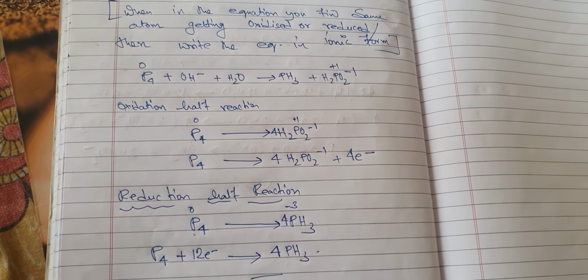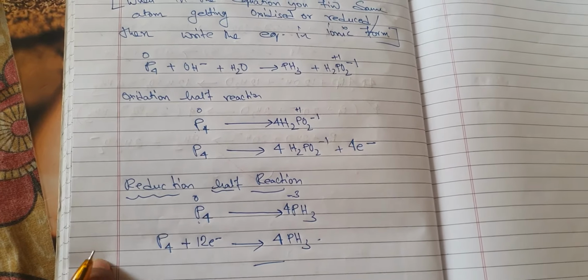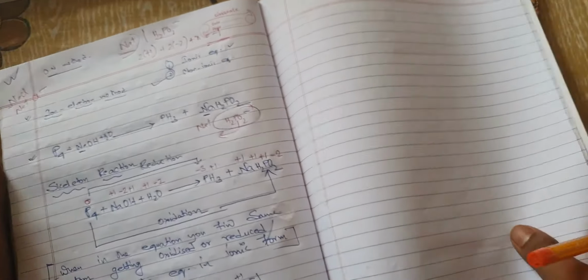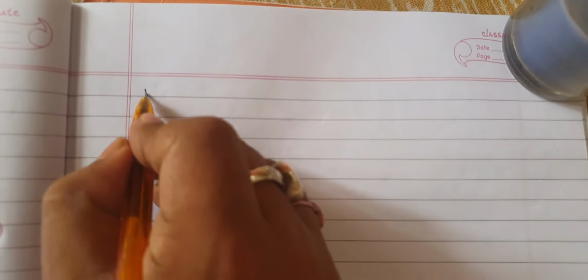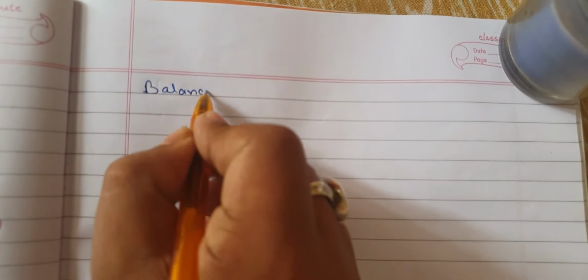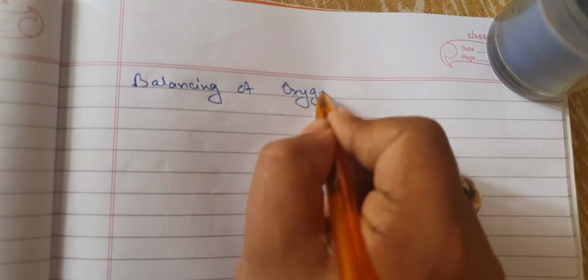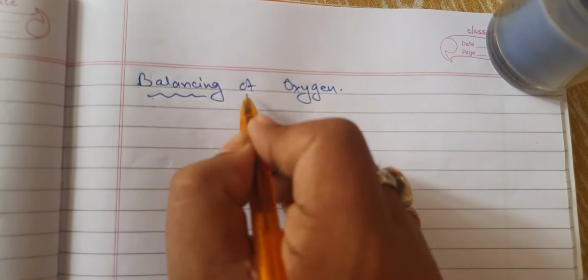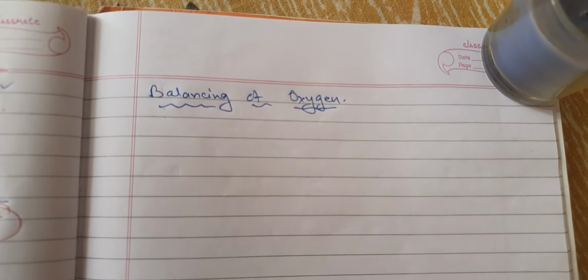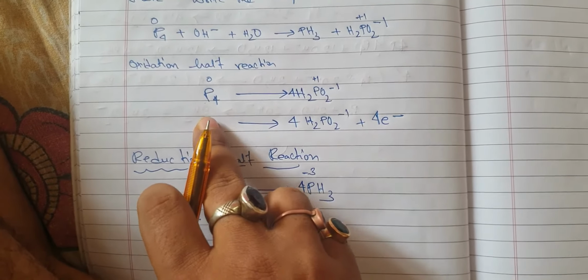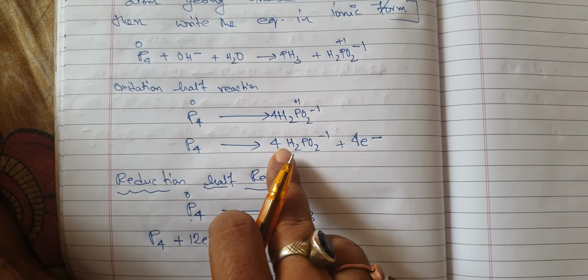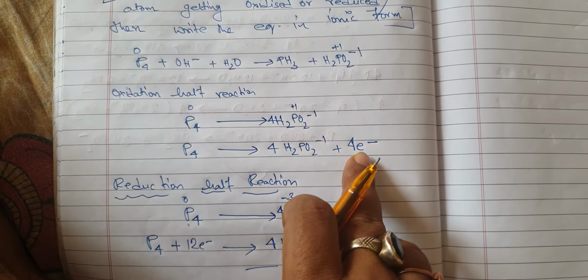Now the next step is what? Next step, you should balance the oxygen. So balancing of oxygen. In this case, P4 gives 4 H2PO2 minus plus 4 electrons.